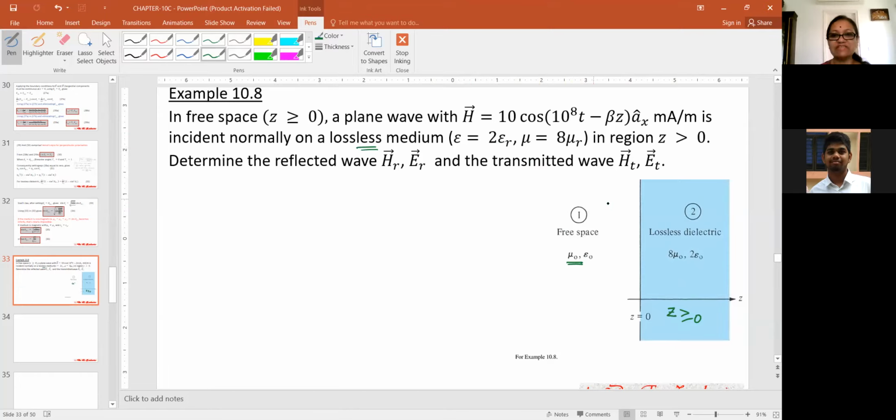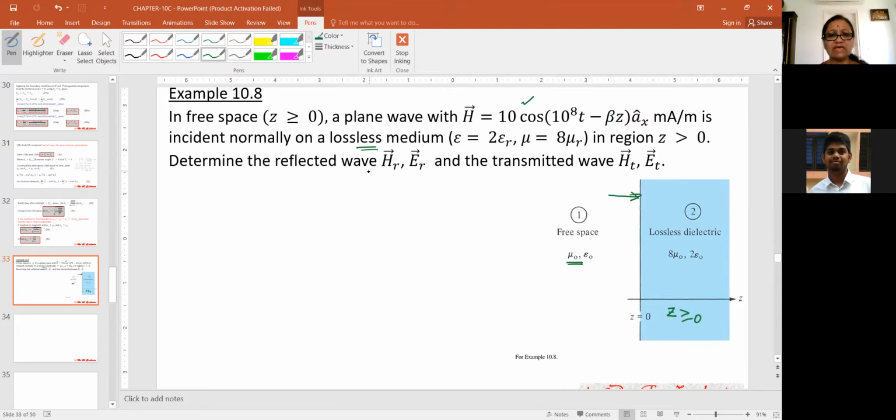A plane wave is incident normally, and the magnetic field equation in medium 1 is given: 10 cos(10^8 t minus beta z) along the a_x direction. Your electric field has to be perpendicular to this, and the direction of the k vector is plus z.